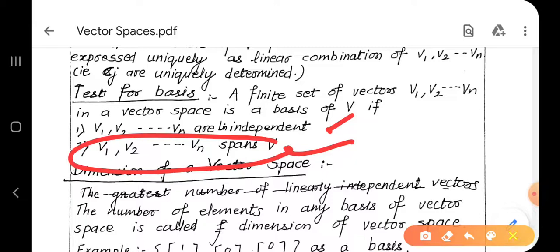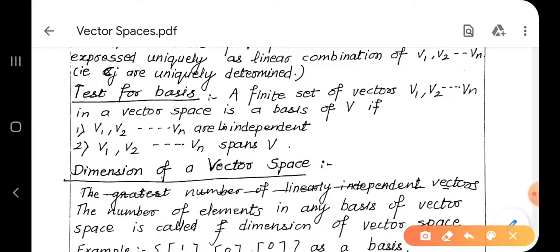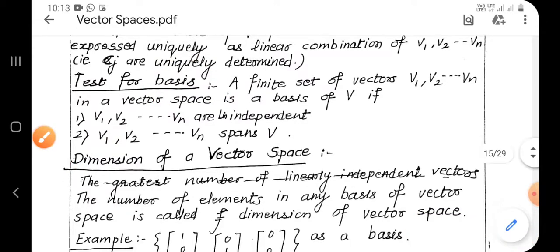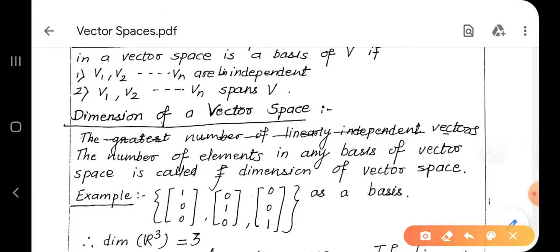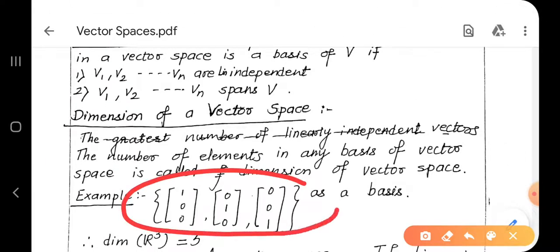Okay, now the next definition is dimension of a vector space. The number of elements in the basis of a vector space is called the dimension of the vector space. Means if the elements in the basis are 3, dimension is 3. If elements are 2, then dimension is 2, like that.